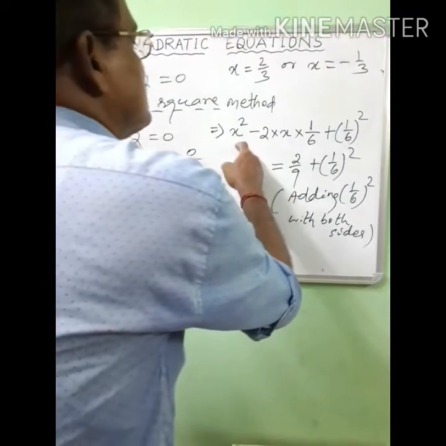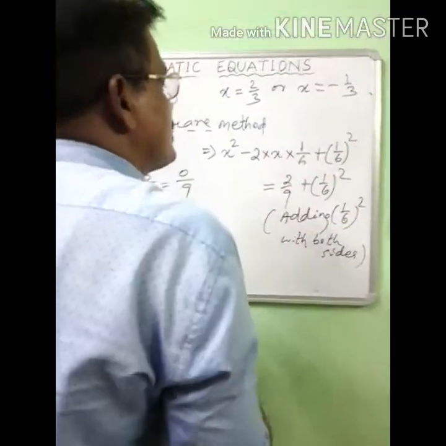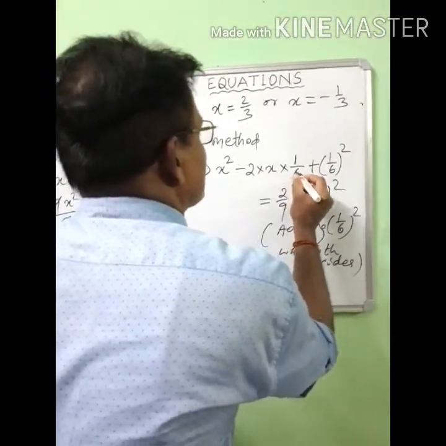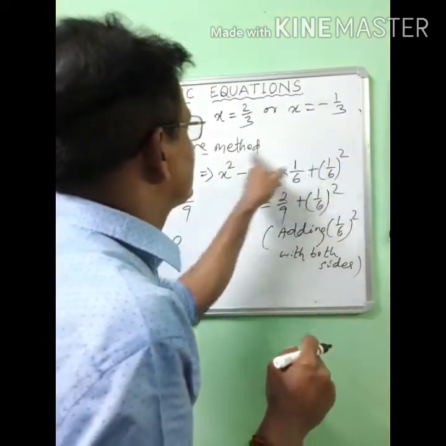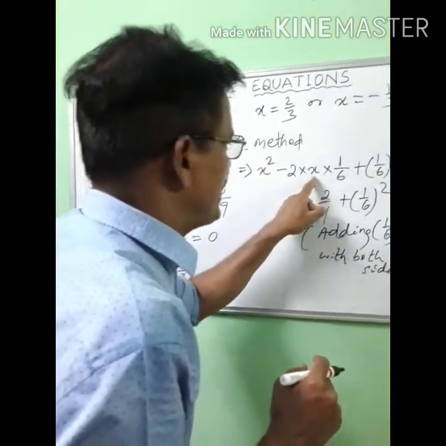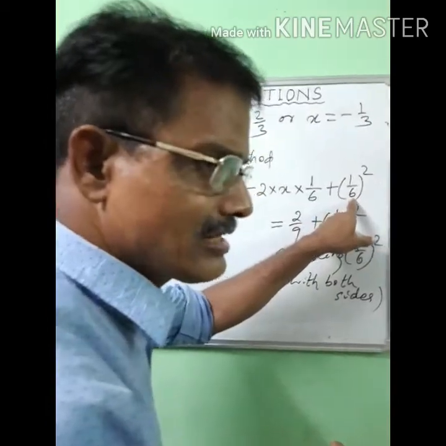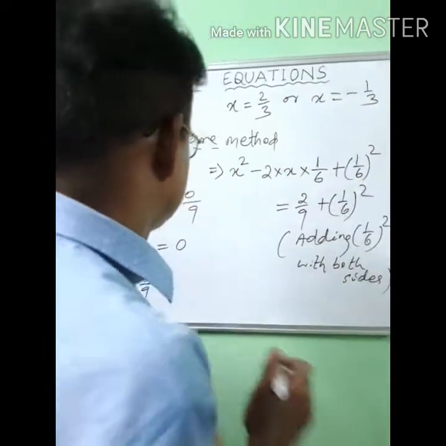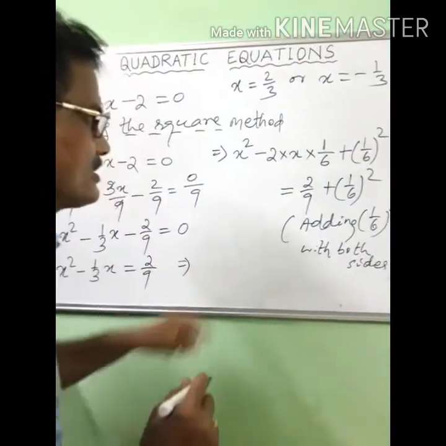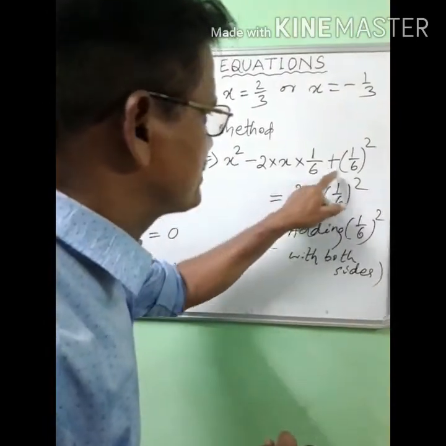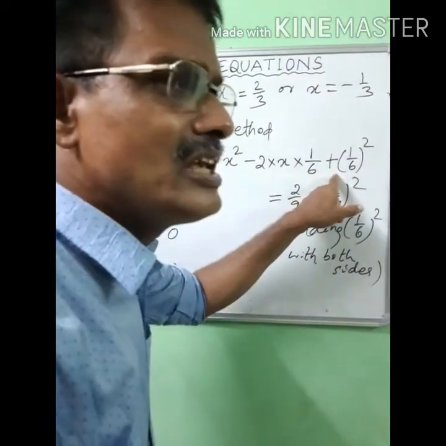Now this one is in the form of a square minus 2ab plus b square. Clear? So a square minus 2ab plus b square means a minus b whole square.